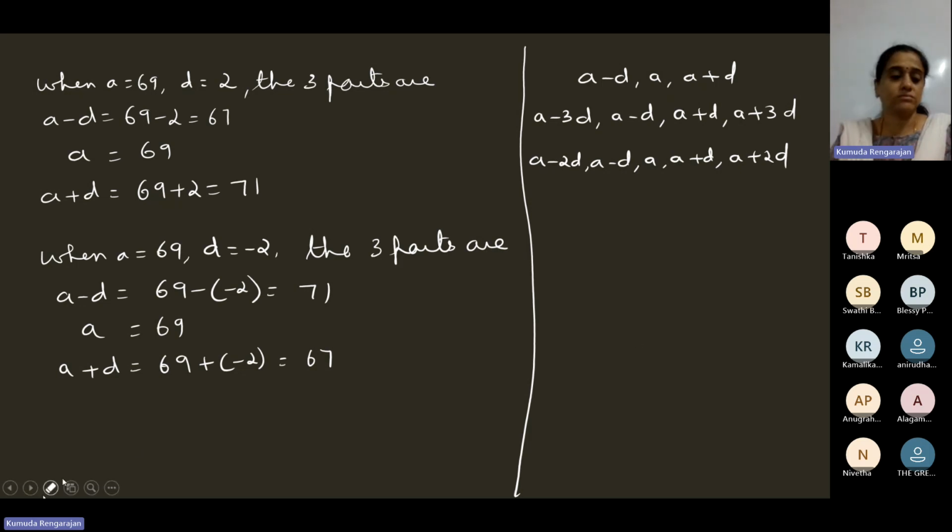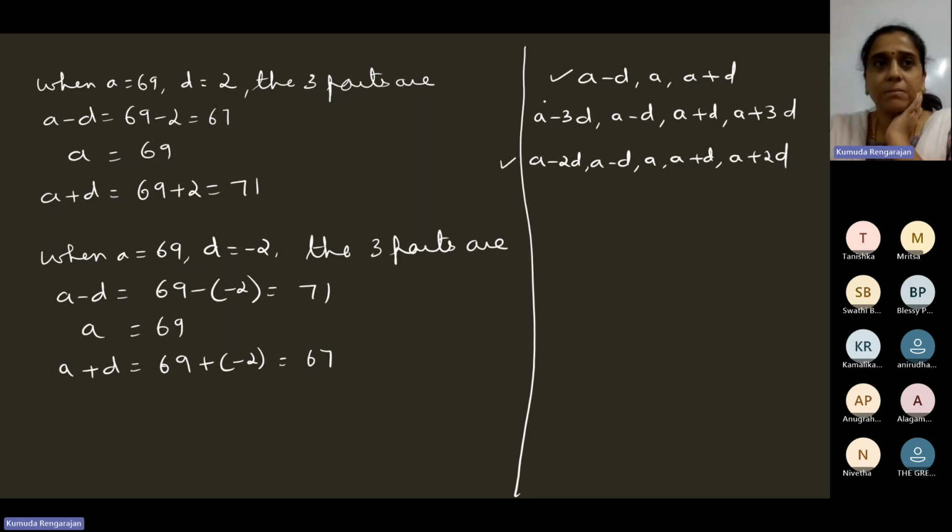This is how we assume 3, 4, 5 terms in AP. So 3 like this, 5 like this.